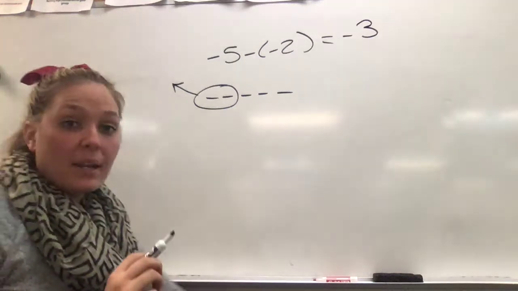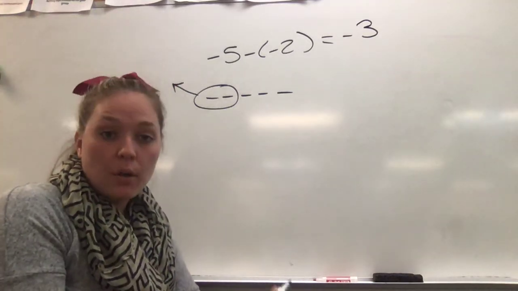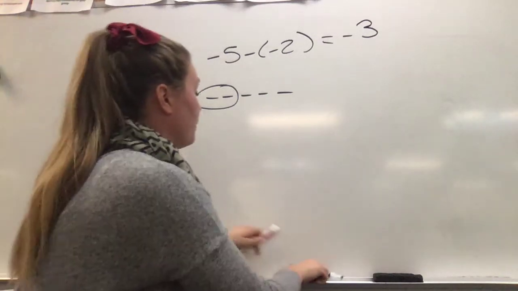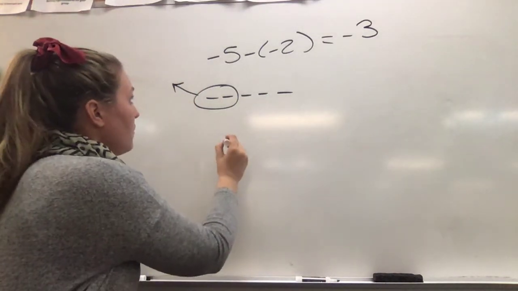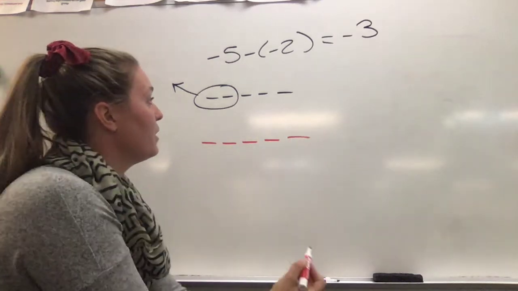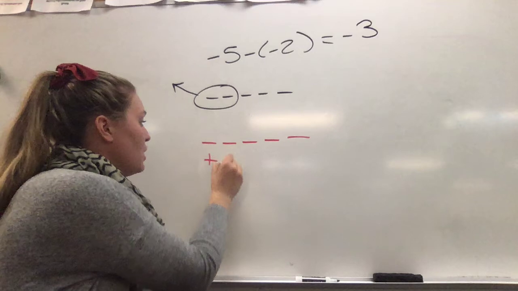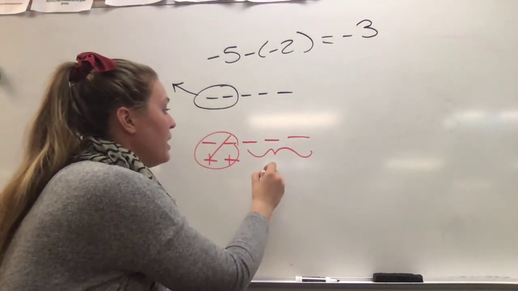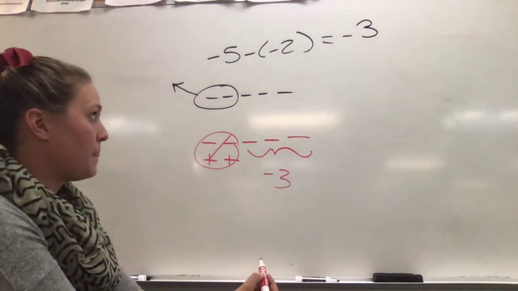But subtracting can also be thought about as adding the opposite. So if we instead had 1, 2, 3, 4, 5, and we added 2, those would cancel and we'd be left with these negative 3.